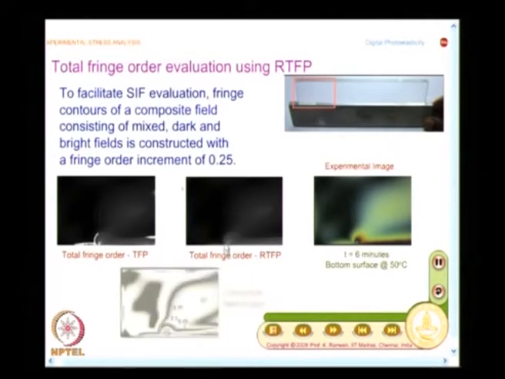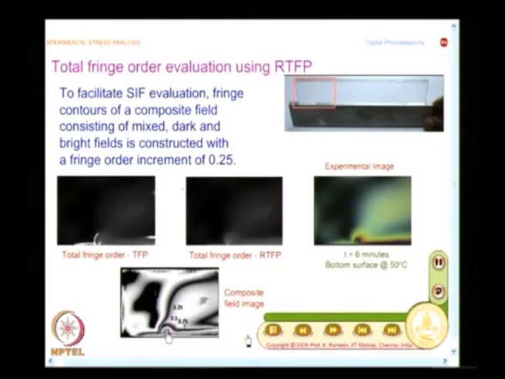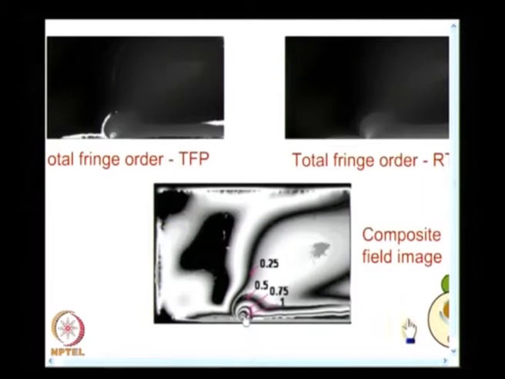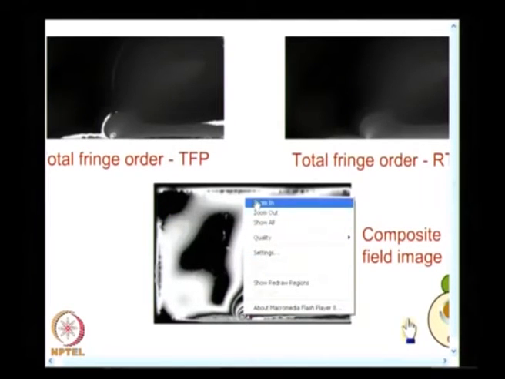Finally, from this you have the fringe patterns extracted from the whole field, and you find there is a lot of data near the crack tip. You have culled out fringe order 0.25, 0.5, 0.75 and 1, and you see more details of what happens at the crack tip.